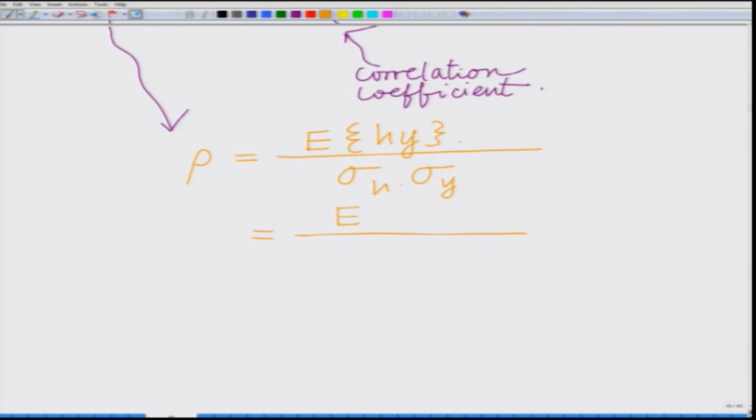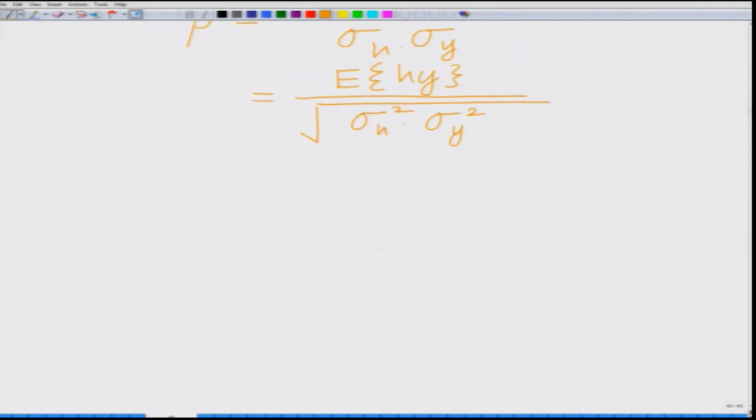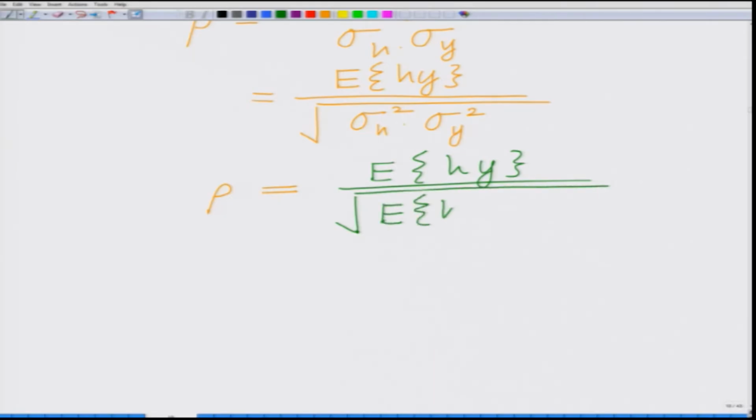So rho equals the expected value of h times y divided by the square root of sigma h square sigma y square, where sigma h square is the expected value of h square and sigma y square is the expected value of y square.